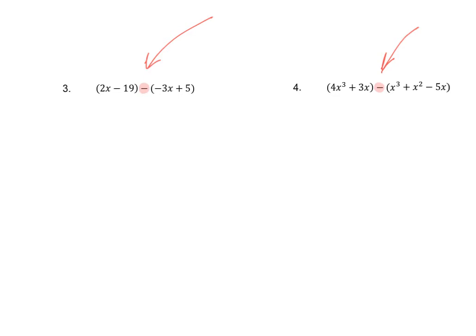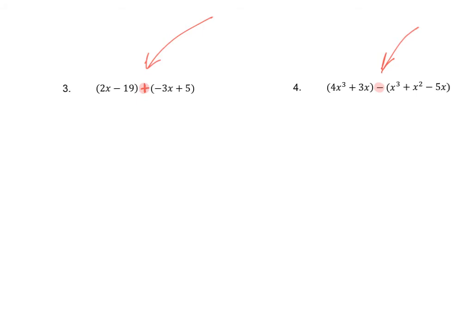I didn't have any problem with the two above when I had to add. So I'm going to change my subtraction to addition. And if I do that, I need to change everything in my parenthesis to the opposite sign.